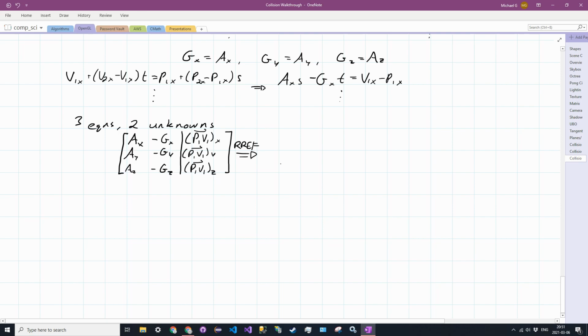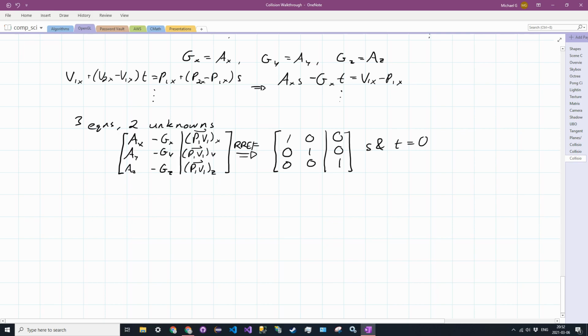there are two possibilities here. We either get that the matrix is inconsistent. Now, if you've taken any linear algebra, why would this be inconsistent? Well, first of all, we see that this would mean that s and t are equal to 0. Alright, sure, but that would mean that v1x and p1x are the same.